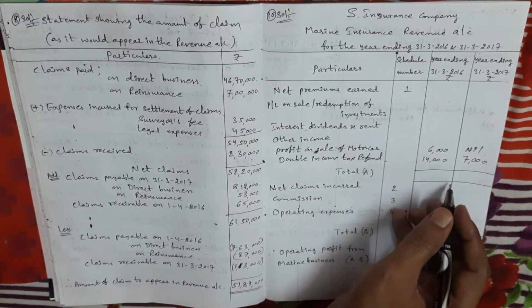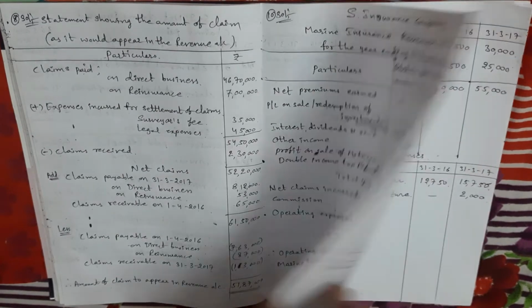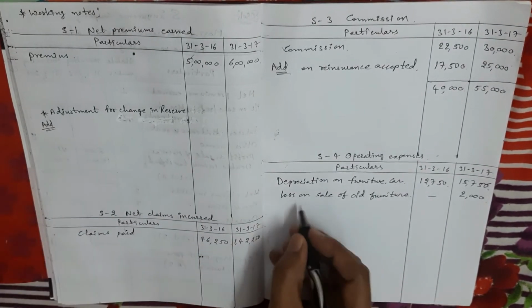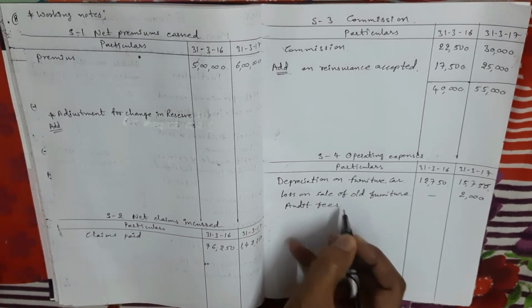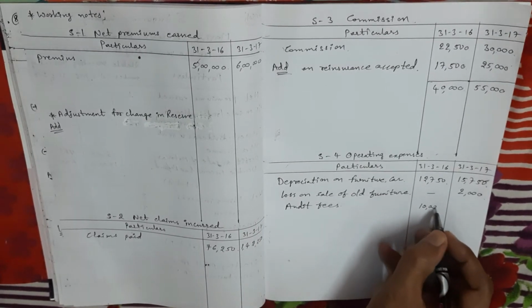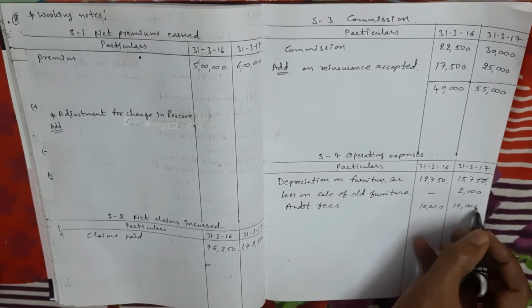Next, audit fee. My dears, audit fee is an operating expense, so schedule number 4. Last year 10,000, present year also 10,000.